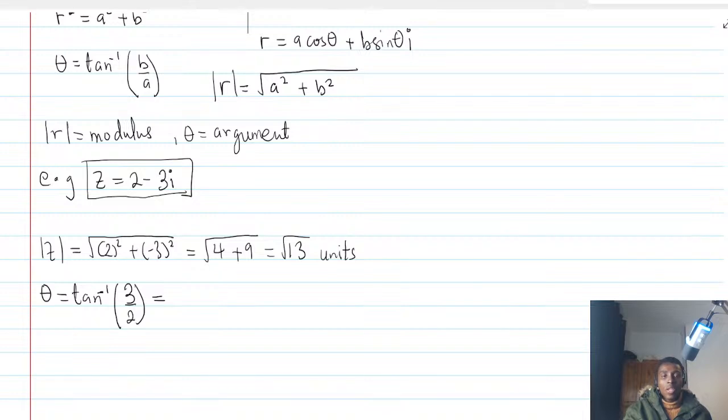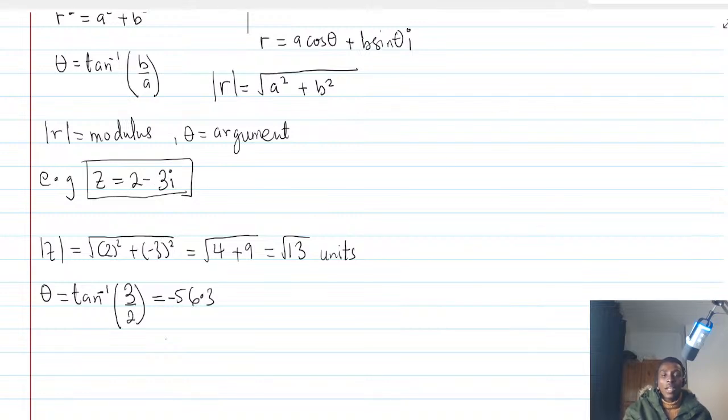So if you do everything correctly, the tan inverse of 3 over 2 is going to give you 56.3. But it's going to be negative because of the minus 3.